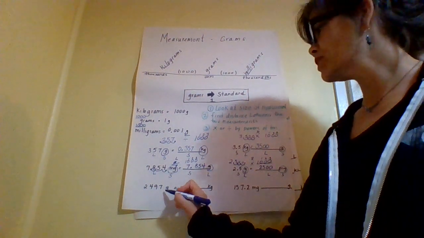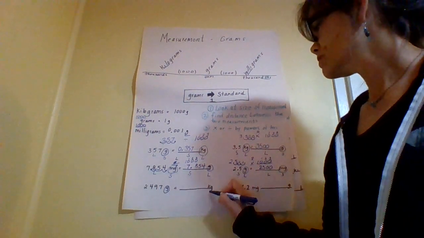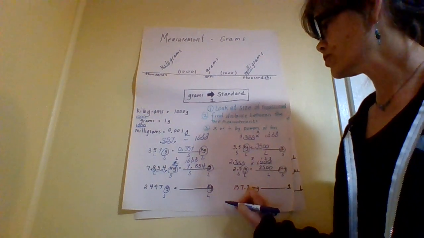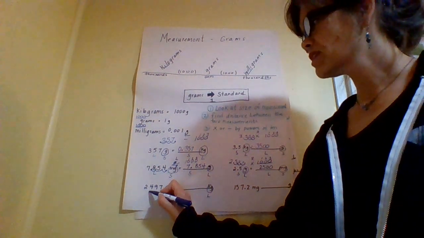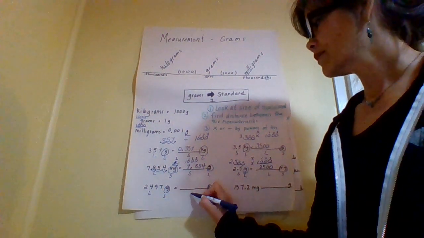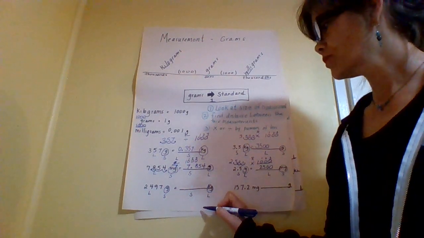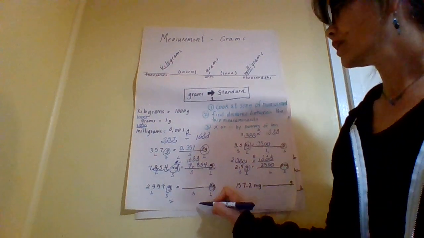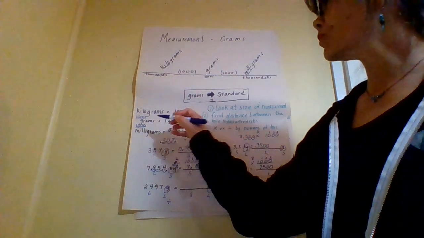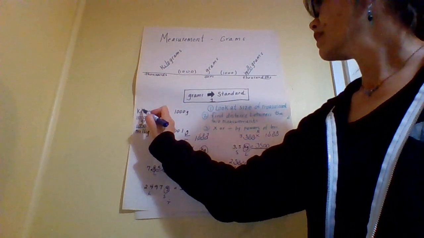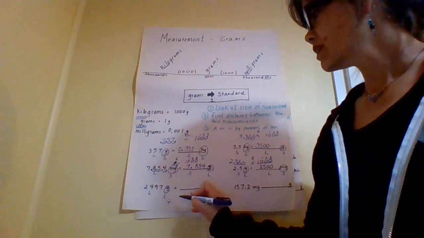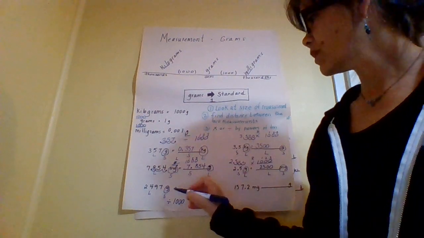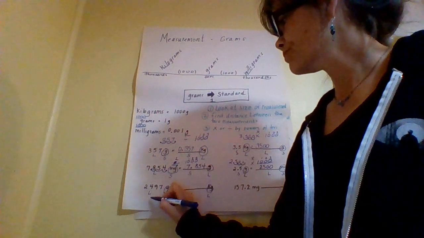All right, back to the beginning. Look at the size of the measurement. Grams to kilograms. This is the smaller one. This is the larger one. That means this is going to be the larger number, and this is going to be the smaller number. That means division. Now we look at the distance between grams and kilograms, and we see it's 1,000. Then we're multiplying or dividing by powers of 10.